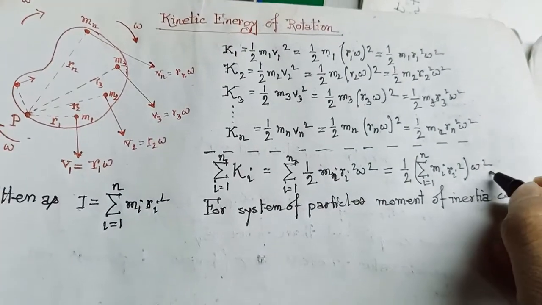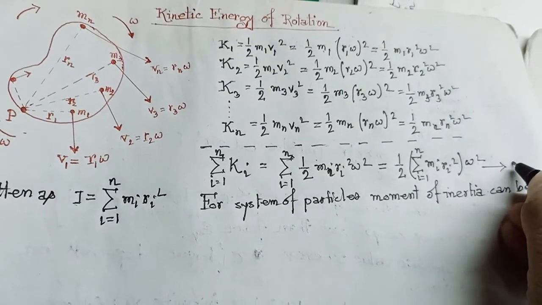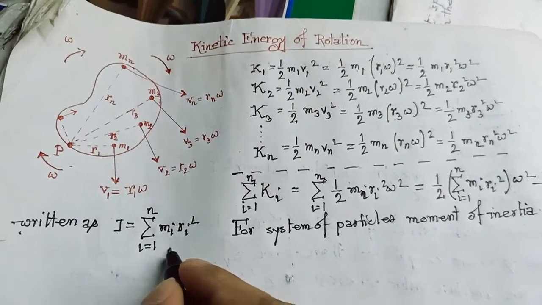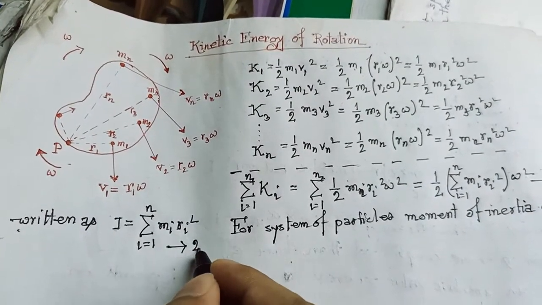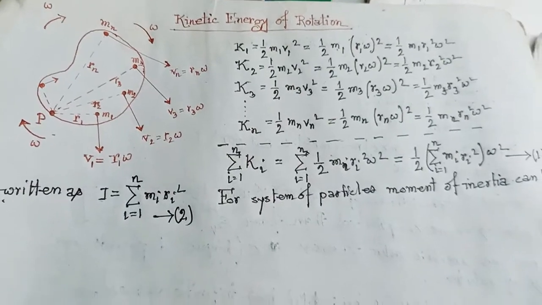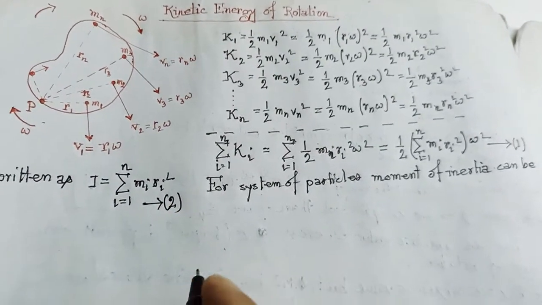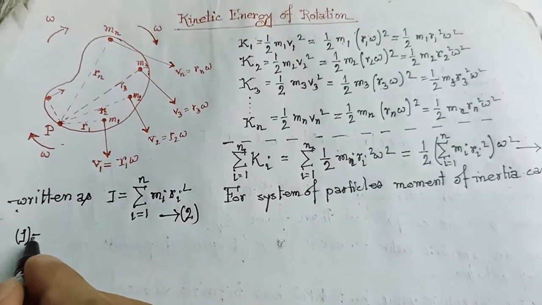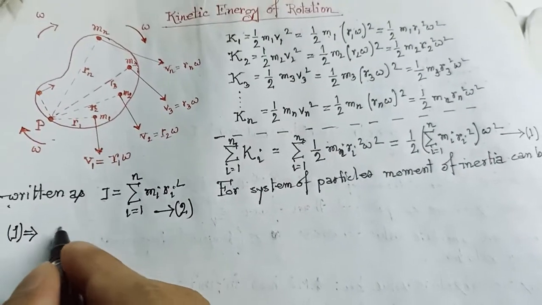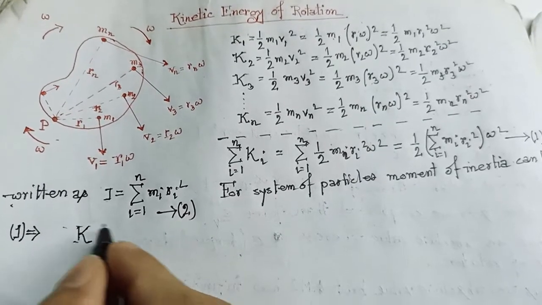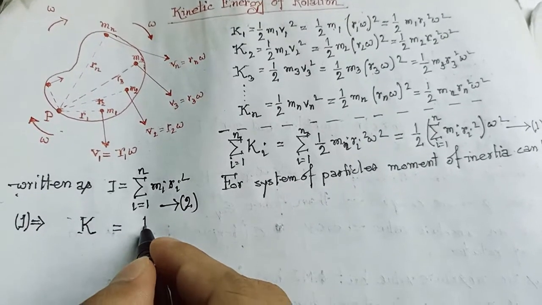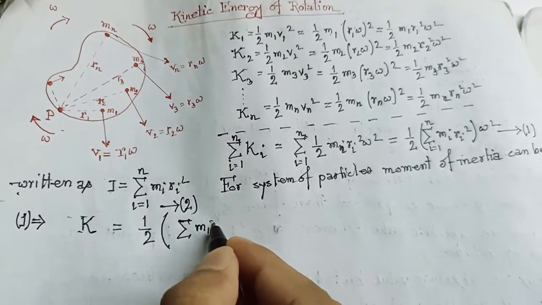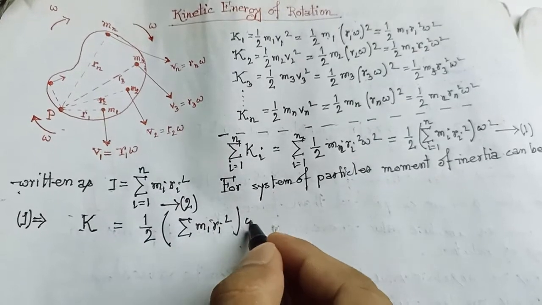So this is our equation number 1, and this is our equation number 2. We will substitute the value of I from equation number 2 into equation number 1. From equation number 1, the total kinetic energy K is equal to half summation of mi ri square into omega square.